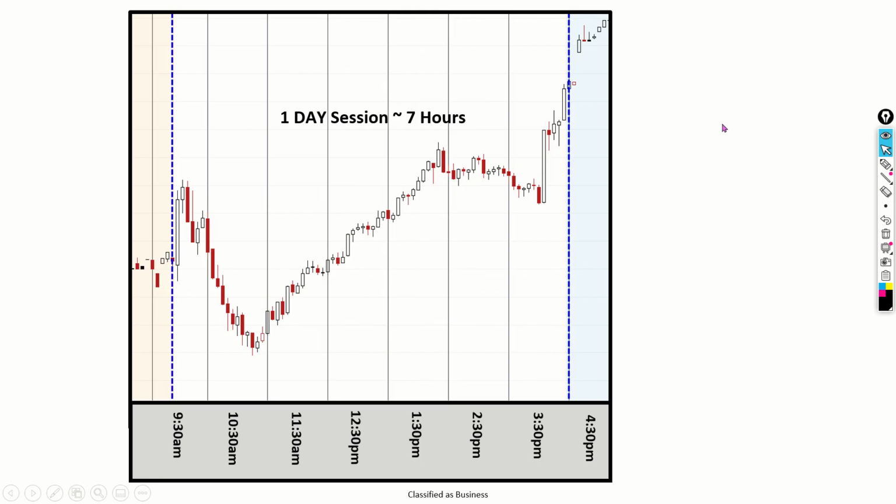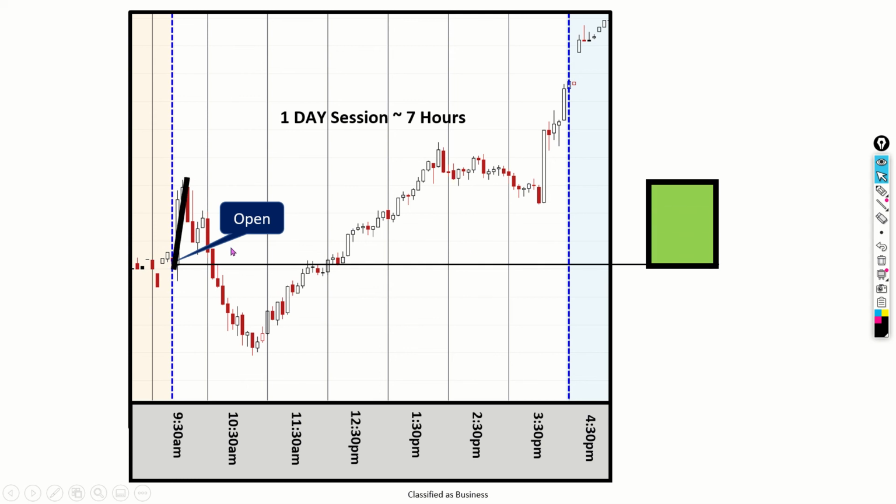Right here, if you look at the one-day session, this is like many candles combined in one. For this bullish ice cream bar, I would most of the time use either the daily or weekly time frame to be more effective. So now let's start here. The day opens at 9:30, and this is where we see the candle start forming as one line. As the price moves upwards, it forms a green body.